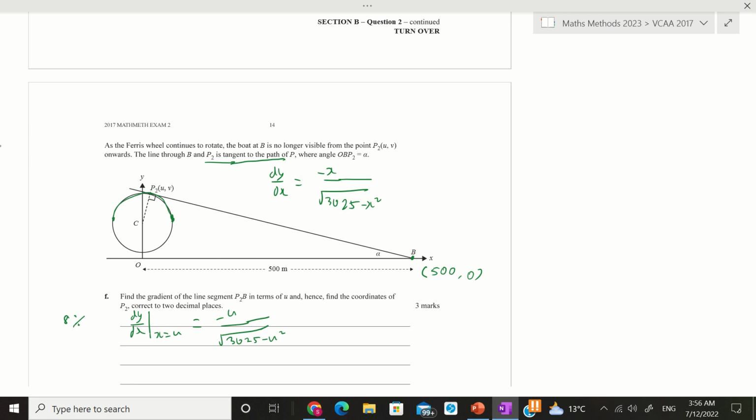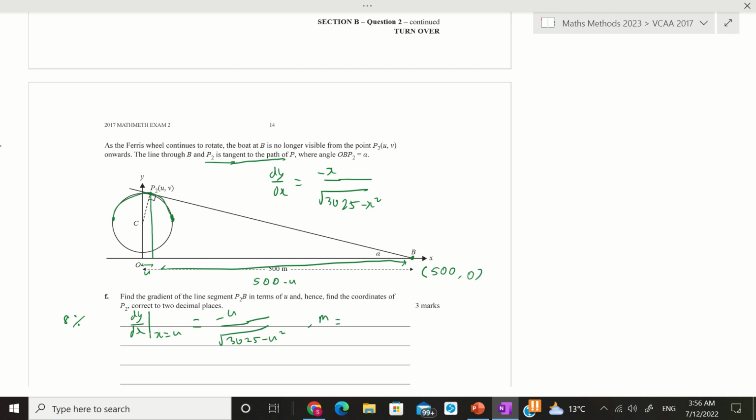If we draw a straight line from this point P2 all the way down here, then if u is the x coordinate, this bit here is given by u, and from that point to B is given by 500 minus u.